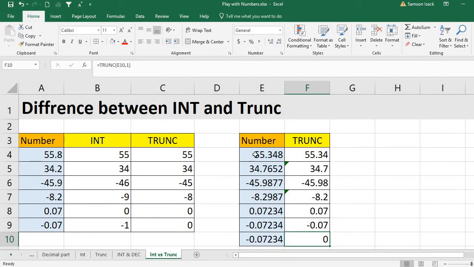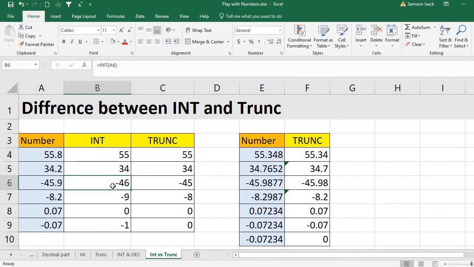So TRUNC is working like this, and it is totally different from INT. If you provide only one argument for positive numbers, both the INT function and TRUNC work as expected, the same.